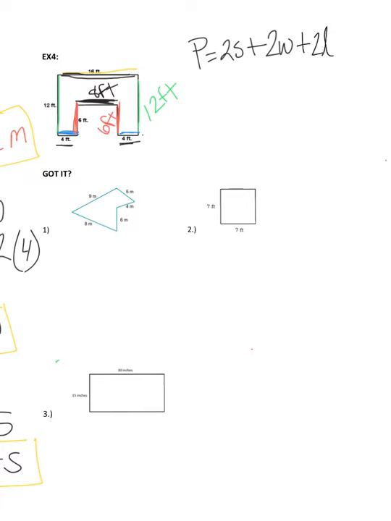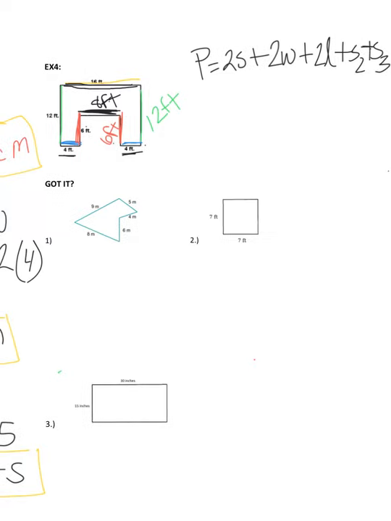But then we have 2 values that are completely different. So we can just give them different letters. So we can call one side 2, and then we can call one side 3, because we don't really know their exact measurements. So in this case, we're just simply looking at some different side lengths. So 1, 2, 3, 4, 5, 6, 7, 8. There are 8 different side lengths here.